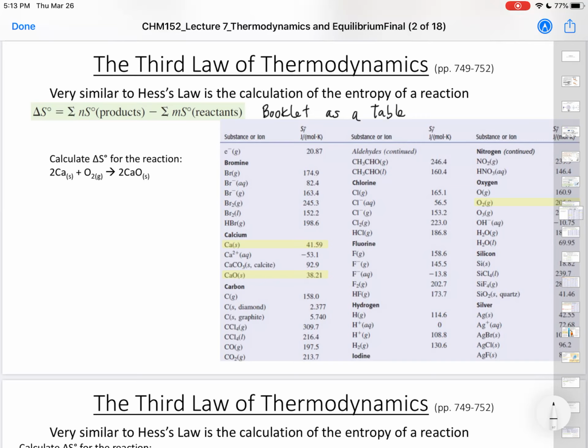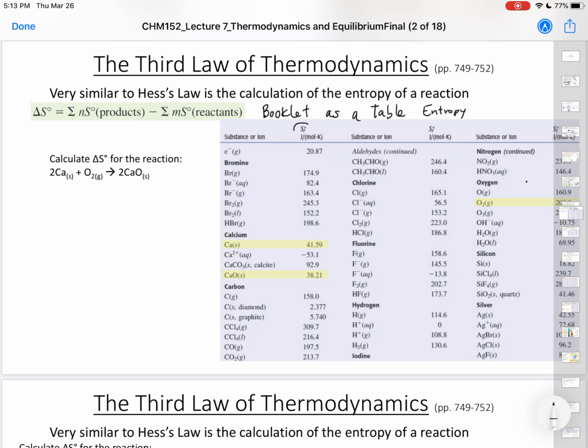I really would take this chart and find it. It should have an entropy, and you can identify it because it has S on it.